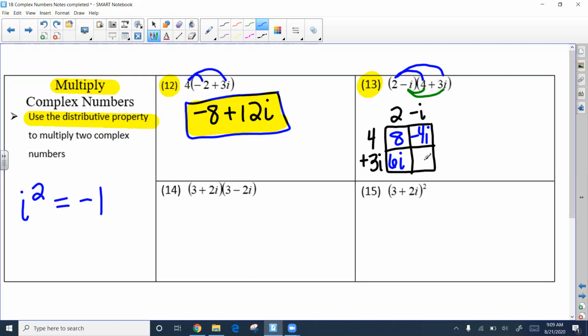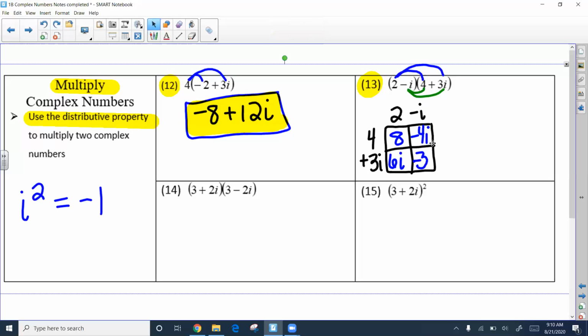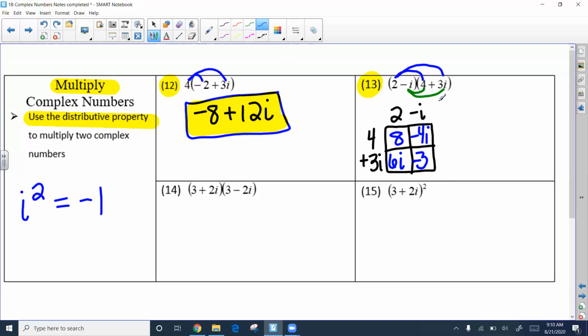Now in this box, we got to be careful because we're doing 3i times -i. That's like a -1i. So for the number, 3i times -i would be -3. Now for the i, we have i times i, so we actually have -3i squared. That is really important to pay attention to.